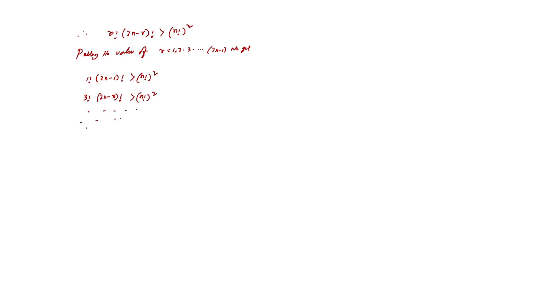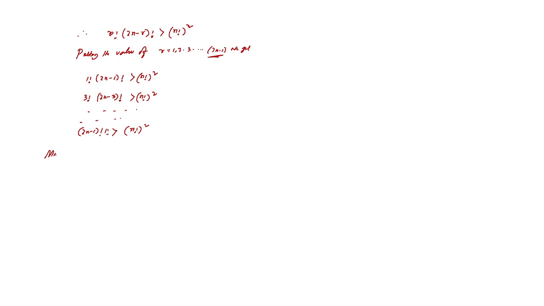And at last, we put the value 2n minus 1, (2n minus 1) factorial multiplied by 1 factorial, this value is greater than (n factorial) square.